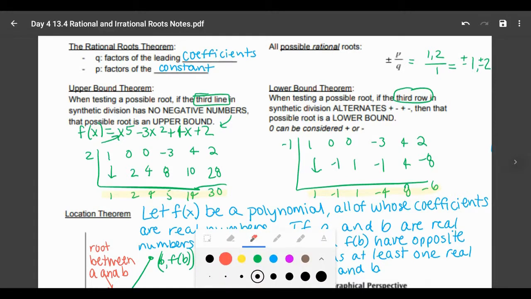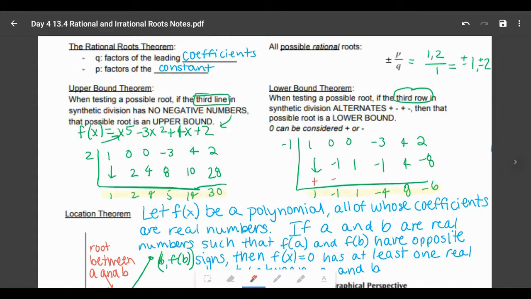The first value is positive, then a negative, then a positive, then a negative, then a positive, then a negative. That certainly looks like it alternates. So that possible root is considered a lower boundary. So I know that if I were to have a rational root somewhere in there, it would need to be between negative 1 and 2.